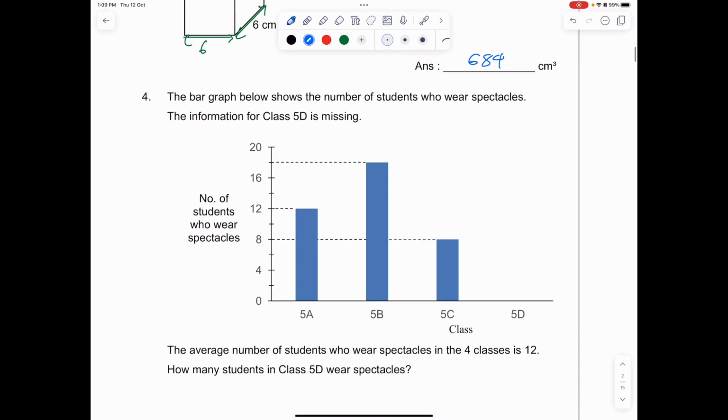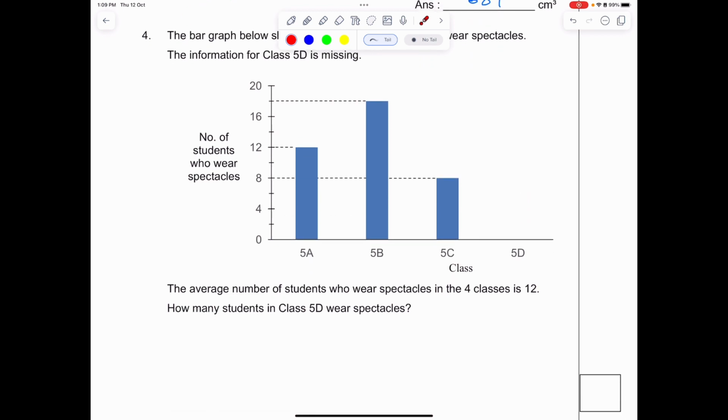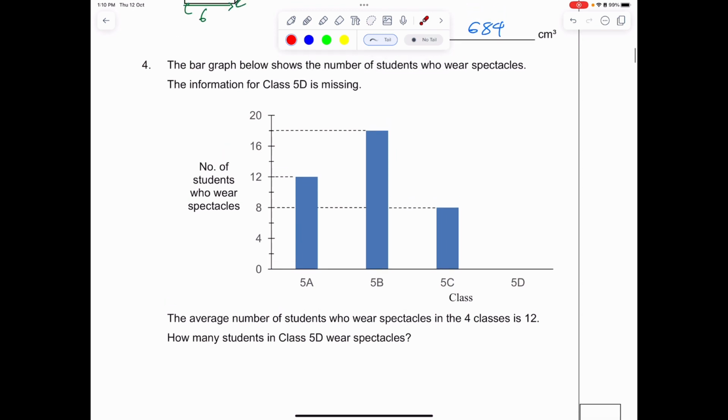Next, the bar graph below shows the number of students who wear spectacles. The information for class 5D is missing. The average number of students who wear spectacles in the 4 classes, which means it includes 5D, is 12. How many students in 5D wear spectacles? So the first thing we need to do is to note down the numbers for each class.